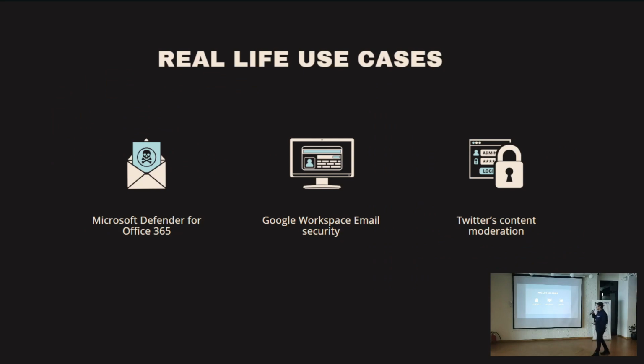So as you know, this is where we use AI in security in real life. These are some of the most famous tools. Obviously, everyone might have used Microsoft Defender, right? Everyone knows there are a lot of memes on Microsoft Defender, like it is not that good or not that efficient, but it still does some decent work. And there is Google Workspace email security. Google has this great AI feature where it can scan emails and flag malicious content, right? And then there is Twitter's content moderation.